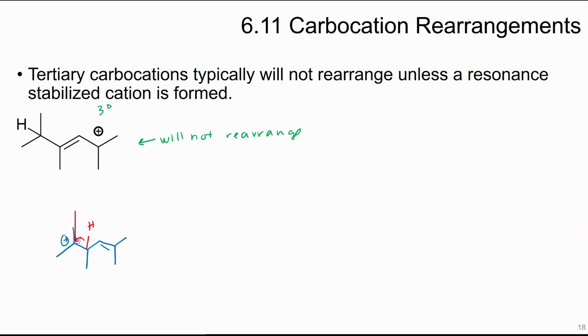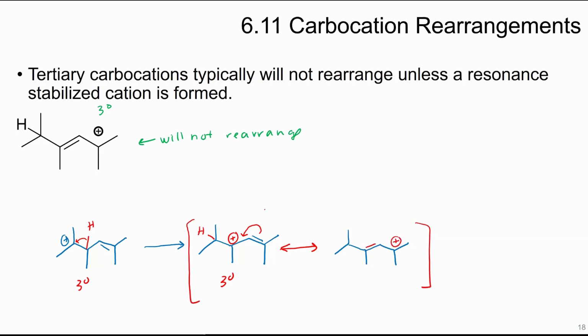If this goes here onto that carbon, this hydrogen goes here, and now it looks like I have another tertiary carbocation, but this one is actually stabilized by resonance. So that one will shift, this one will not.